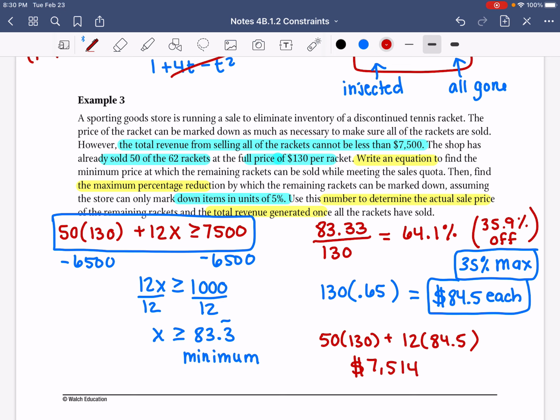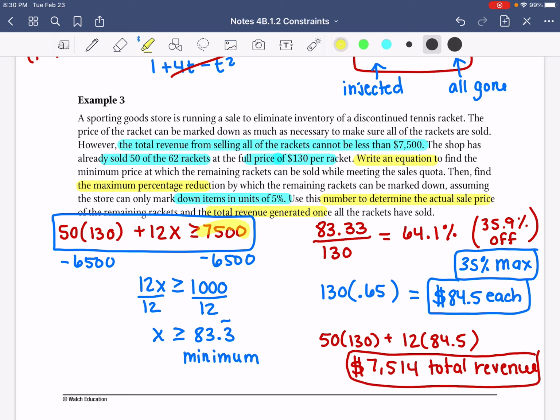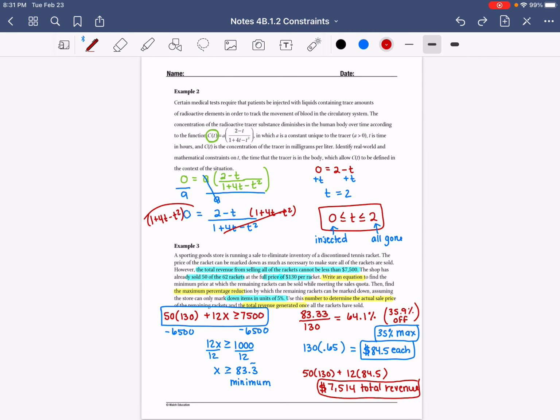That's your total revenue. So did we make it? That's more than 7,500, so we're good. If we had sold it for 40% off, we wouldn't have made the total revenue that we needed. So we had to sell it for 35% off max.